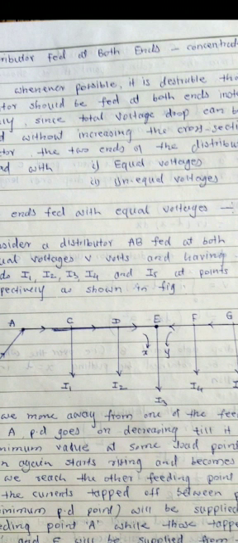The two ends of the distributor may be supplied with first equal voltages, second unequal voltages. So take first the two ends fed with equal voltages.